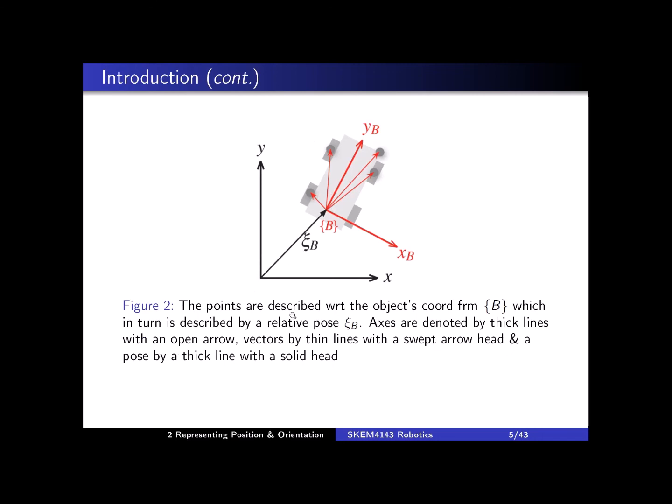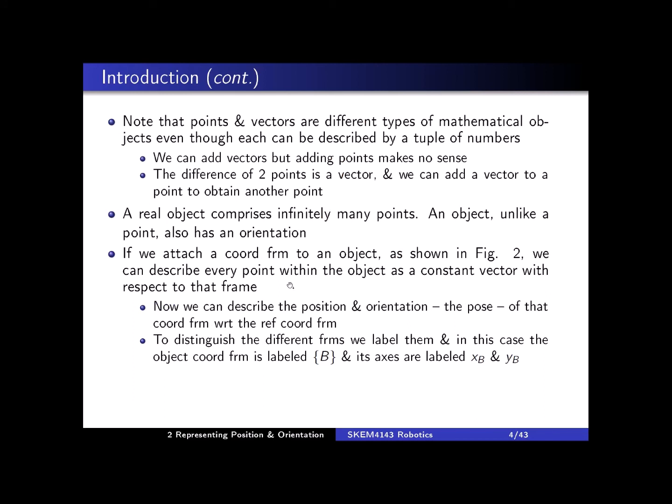So the points are described with respect to the object's coordinate frame b, which in turn is described by relative pose psi b. Axes are denoted by thick lines and so on. So let's go back here.